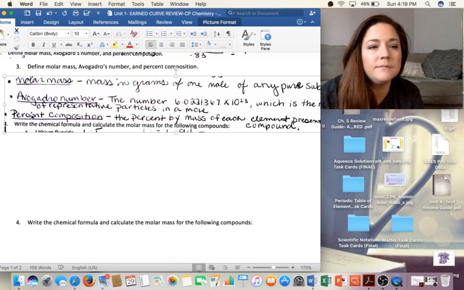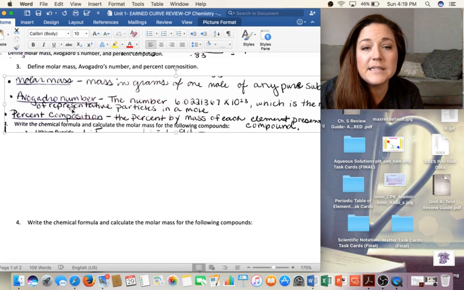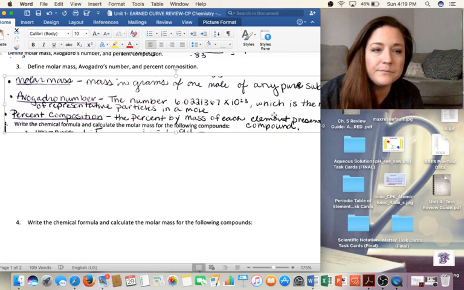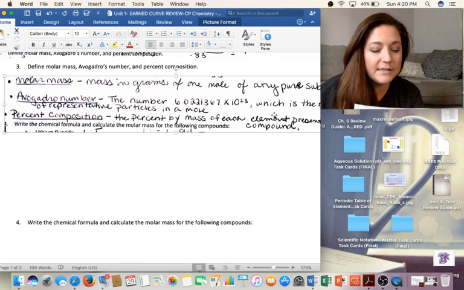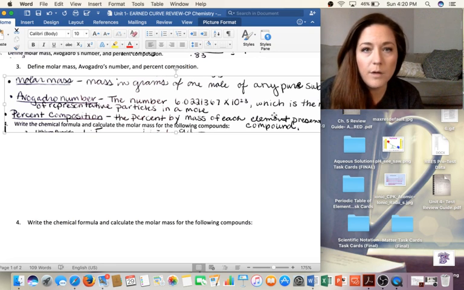All right. Then Avogadro's number, the number of 6.02 times 10 to the 23rd power, which is the number of representative particles in 1 mole.